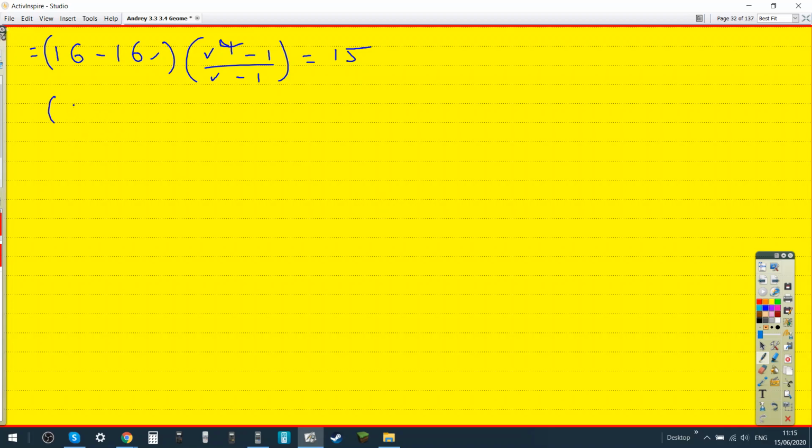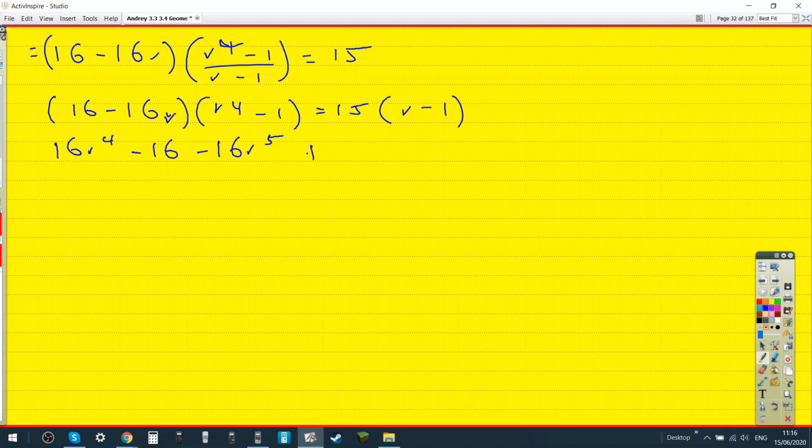To make it easier, I would bring the denominator to the other side first. Yeah. So we expand these brackets: 16R to the 4 minus 16 minus 16R to the 5 plus 16R.